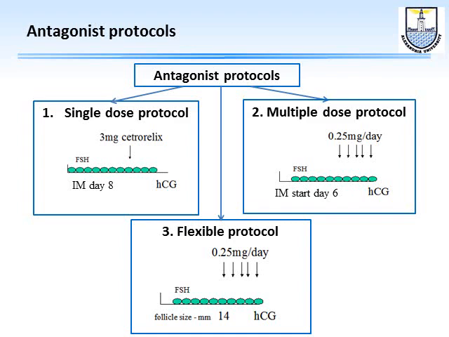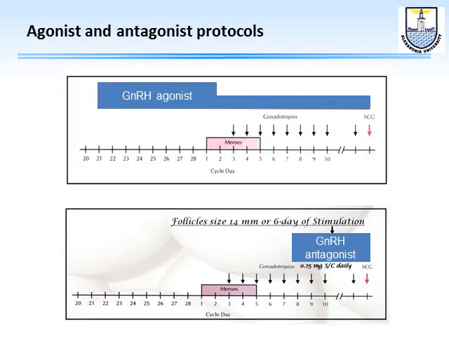You have the single dose protocol, which is 3 milligrams on day 7 or day 8 of the cycle, or the multiple dose protocol, which starts on day 6, giving half or 1/4 of a milligram per day, and then you have the flexible protocol, giving 1/4 milligram per day, starting with a follicle size of 14 millimeters. But actually, these are the two protocols which are more commonly used.